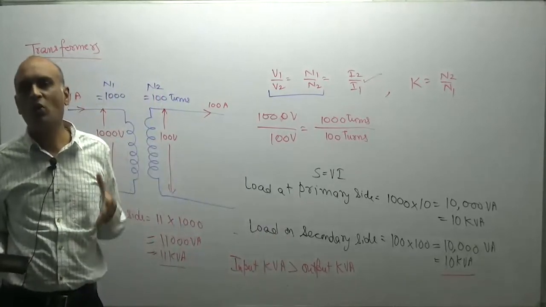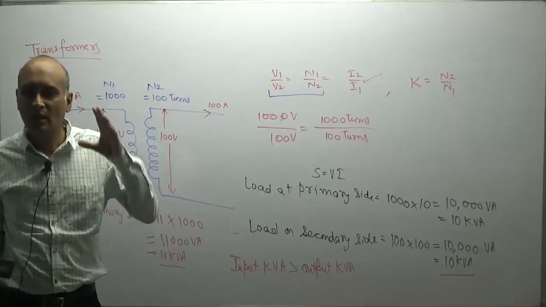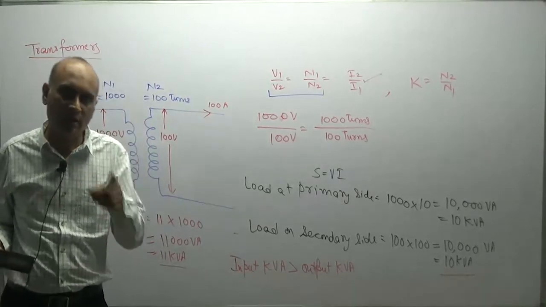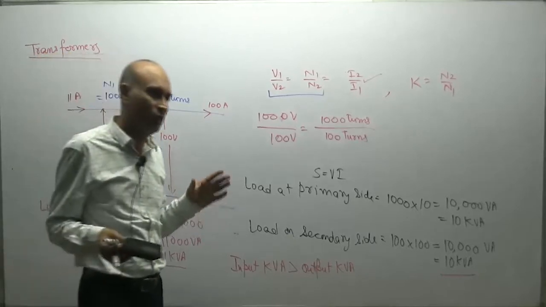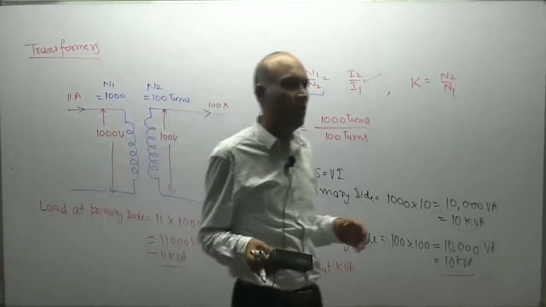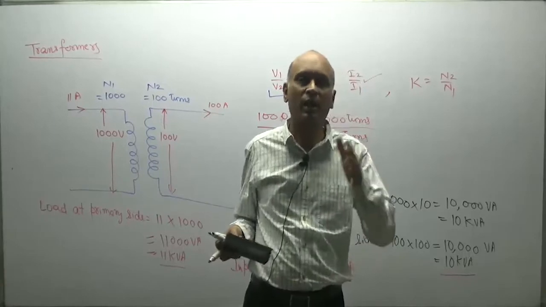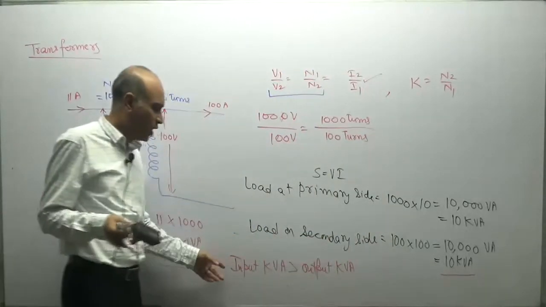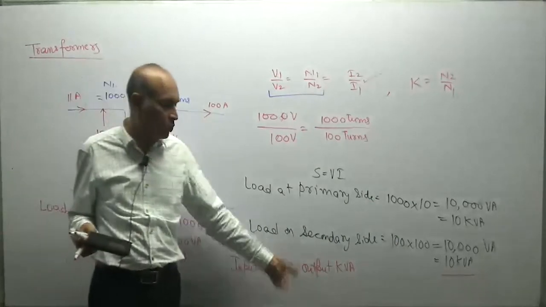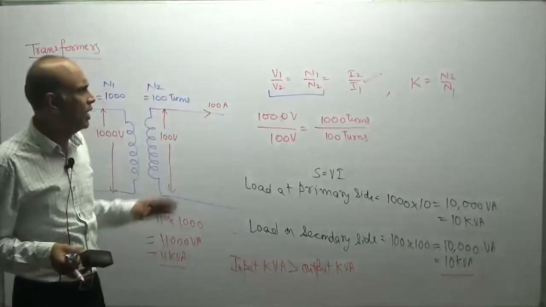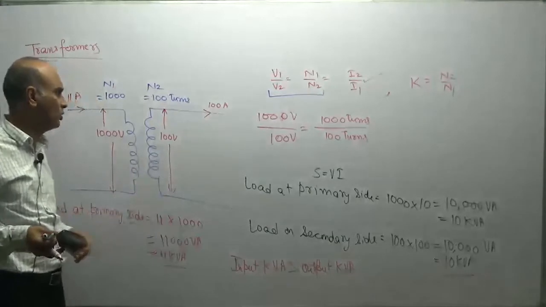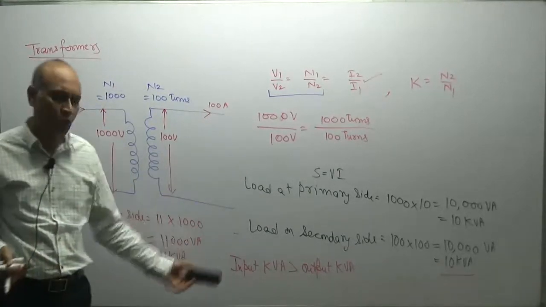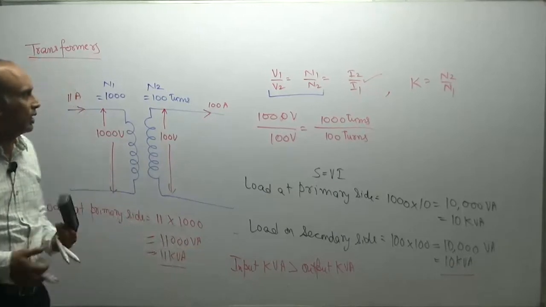It is true for any simple machine: input power is always greater than output power. Similarly, in any transformer, input kVA will be more than output kVA. We will take up later why it happens. Mainly it is because of no load current.